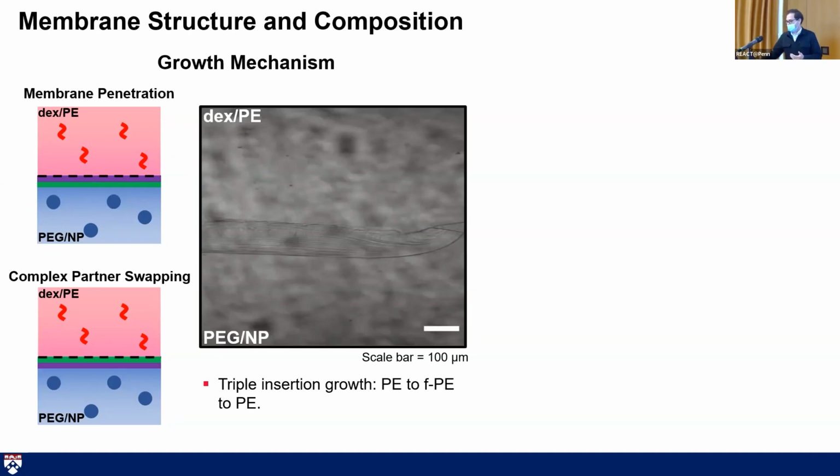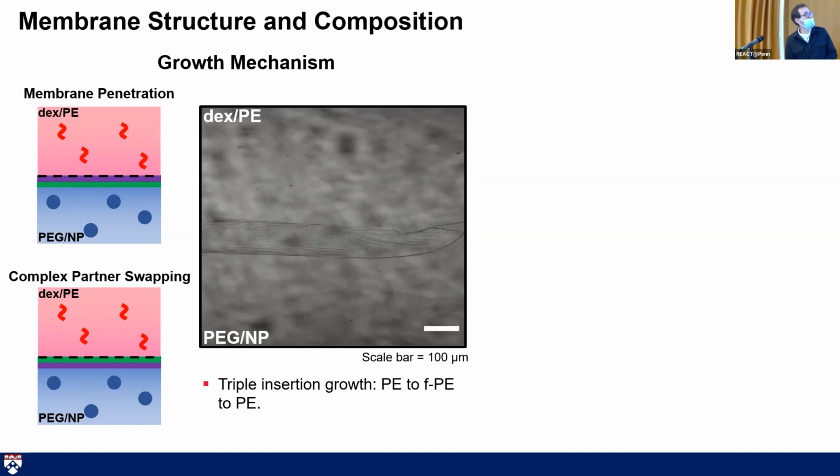Then I'll generate what we describe here as this purple line. Now, if I swap this polymer population for a different one that's fluorescent in nature, where will this fluorescent polymer locate itself in the membrane? I present two possibilities. It can either go to the leading front, where you see the non-fluorescent band then the fluorescent band, or the opposite. And if it's the opposite, then we're dealing with the complex partner swapping scheme rather than the membrane penetration.